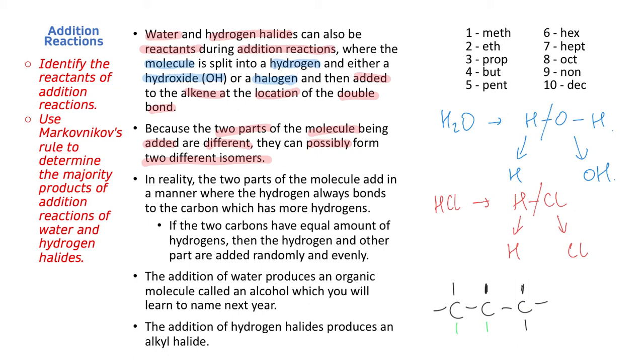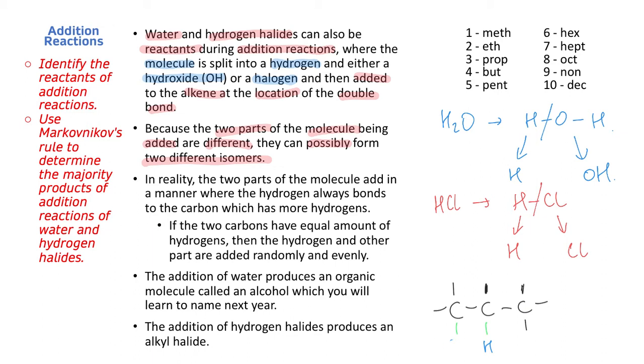If we're dealing with water, one of them is going to be a hydrogen and one is going to be a hydroxide, where the carbon bonds to the oxygen in a single bond, and then the oxygen bonds to a hydrogen in another single bond. That's what it means by the two parts of the molecule being different. They can form two possible isomers. This is one possible isomer, and the other possible isomer is the other way around, where the OH is added to this carbon and the hydrogen is added to that one.